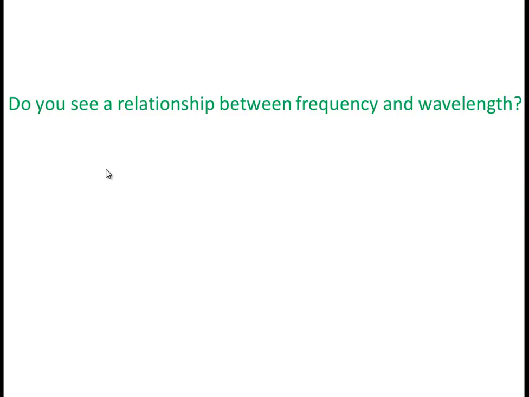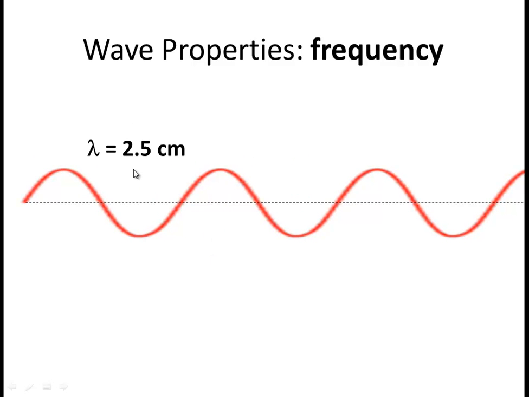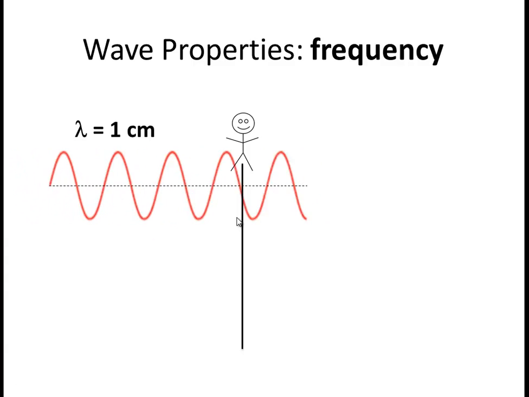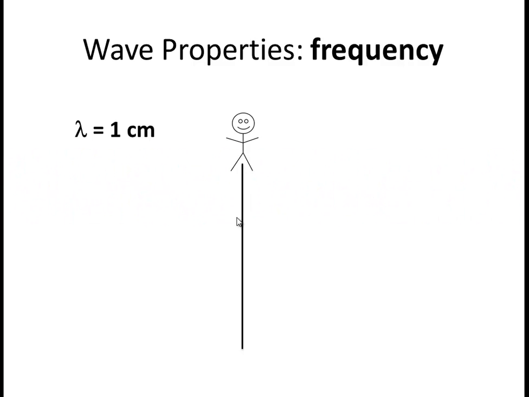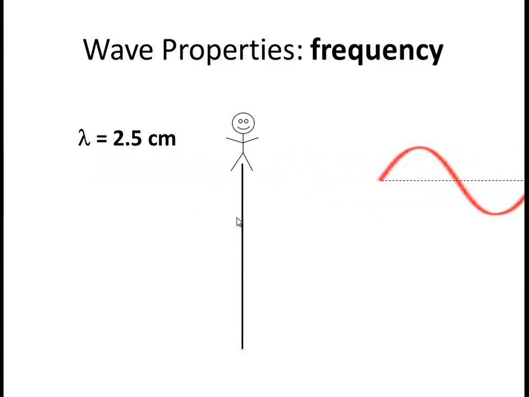As we went from a shorter to a longer wavelength, did you notice the difference in how quickly the peaks went by? Let's say the wavelength of the first wave was 1 centimeter. Then this wave would have had a wavelength of 2.5 centimeters. Looking again at the wave with the shorter wavelength, boom, boom, boom, boom, boom, and now the wave with the longer wavelength, boom, boom, boom, boom, boom. See, the frequency is slower.